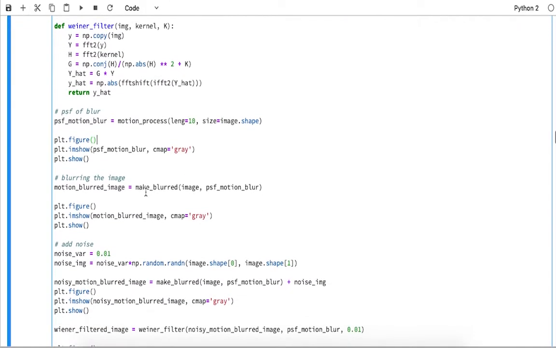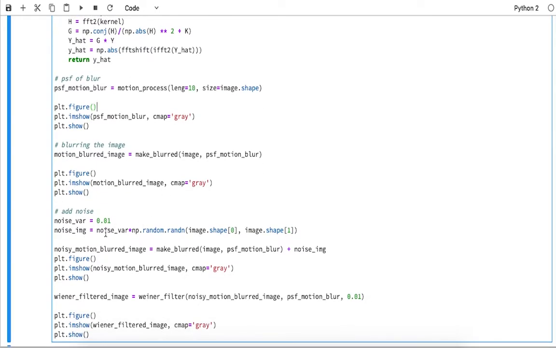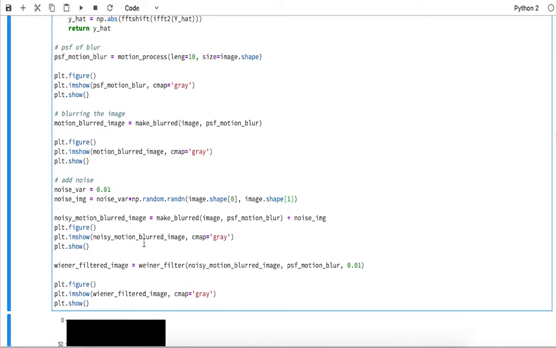Then I'm blurring it with this kernel and adding noise. So then I get a noisy blurred image, and then I'm applying a Wiener filter to restore this, and I gave 0.01 as my noise variance, so I'm giving it as the parameter for the Wiener filter.